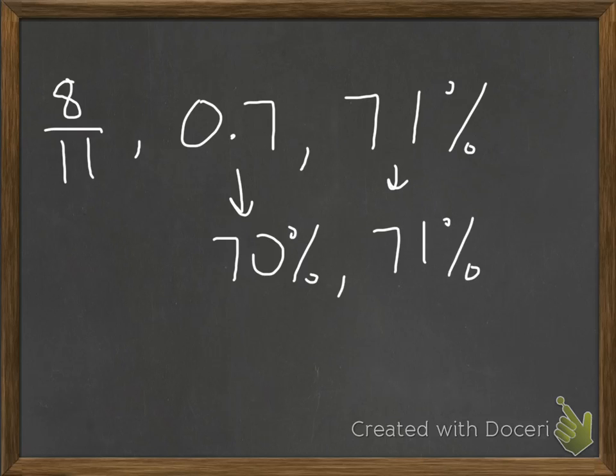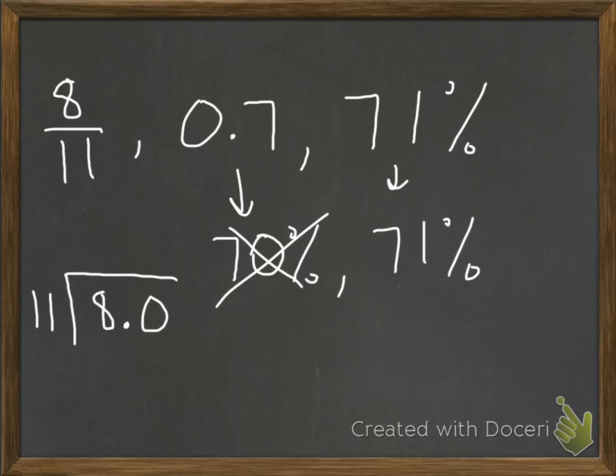So 71 is bigger than 70, so 70 is out. Now I just have to see what 8/11ths equal. Now you cannot change 11 to 100, so you have to do a division problem. 8 divided by 11. 11 cannot go into 8, so I have to add a 0. Bring it up. 11 into 80 goes 7.